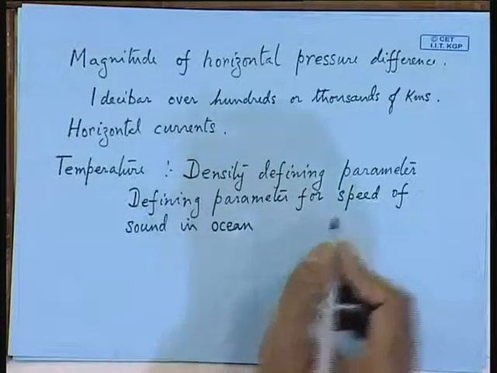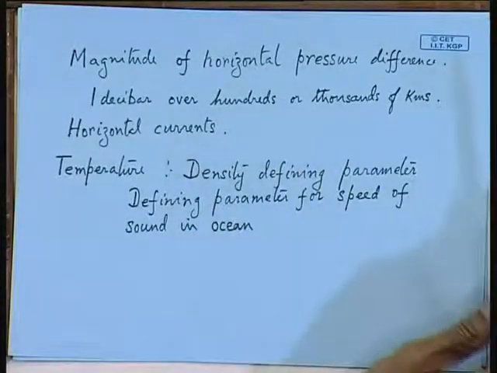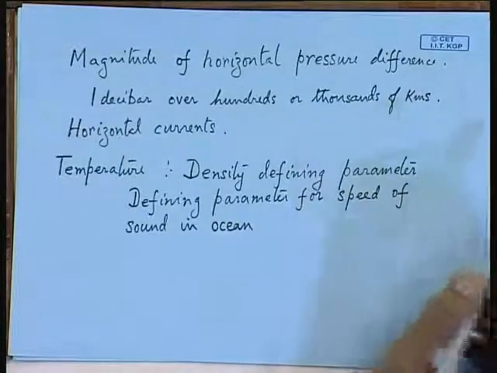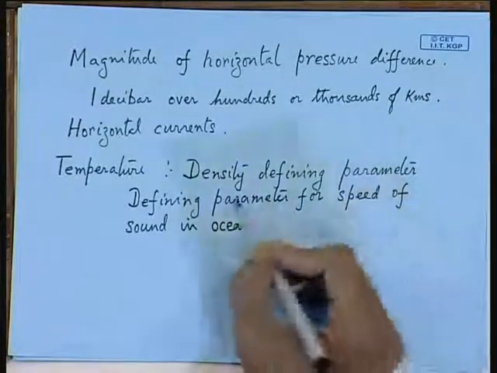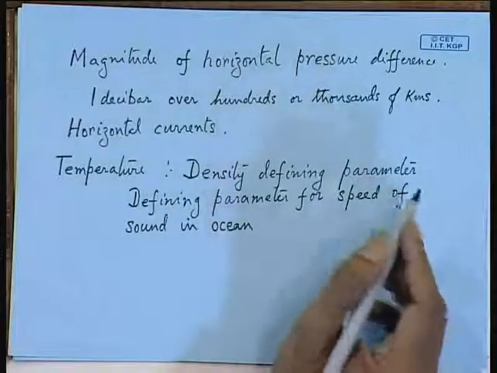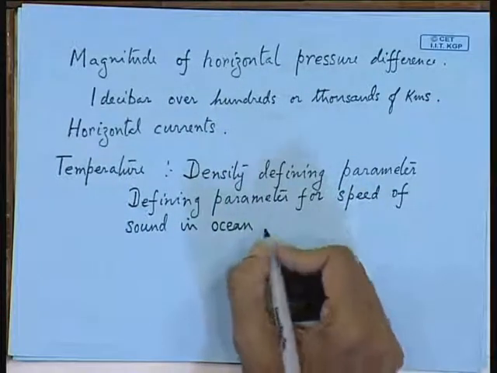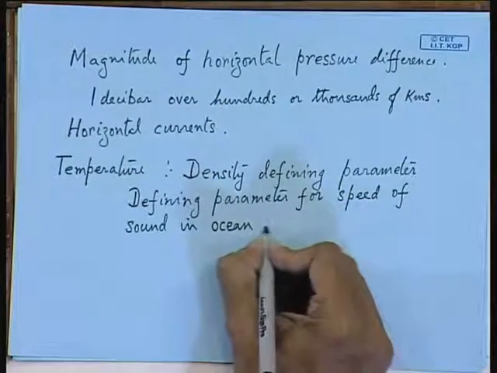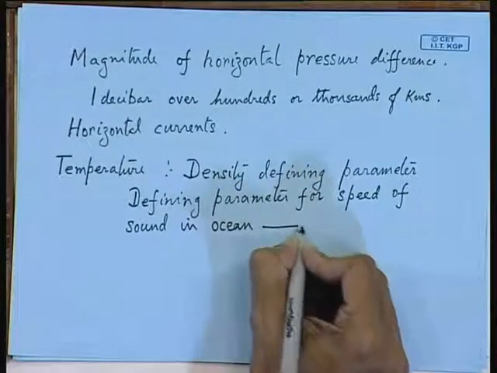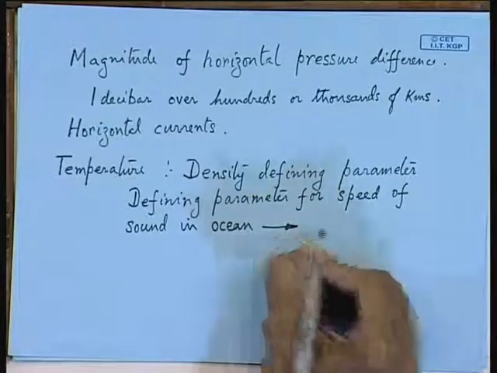Because once the water becomes more rarefied because of the higher temperature, obviously there will be difference in density, and the transmission of sound depends on the density of water or of any medium through which it is passing. So, this is actually taken care of by instruments called sonar.